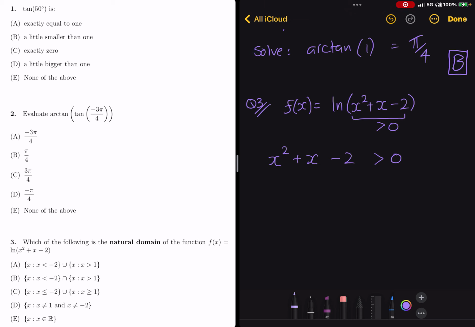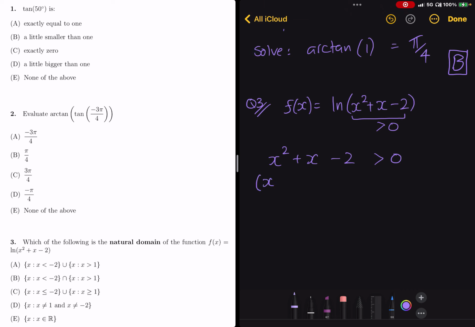We could also use the quadratic formula, find roots, and then infer that the values including and between the roots are going to be values that make this less than 0 because it's an upwards parabola. I'm actually going to find the roots using quadratic formula. Oh, we could factorize this actually.